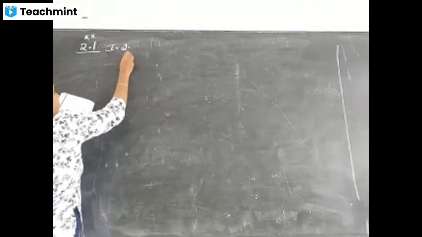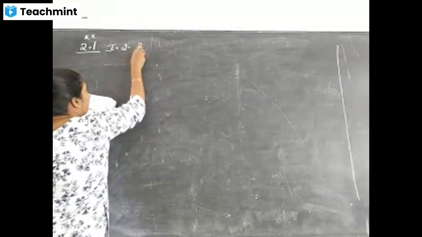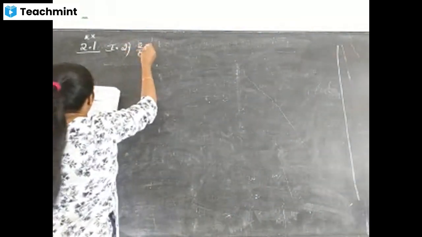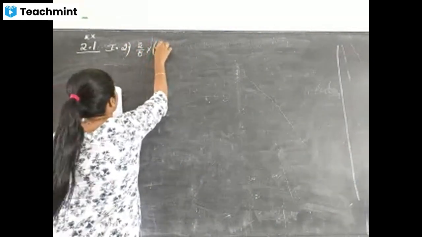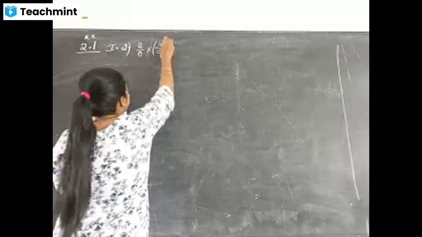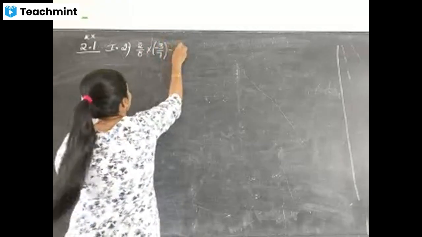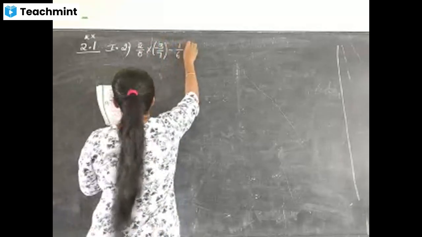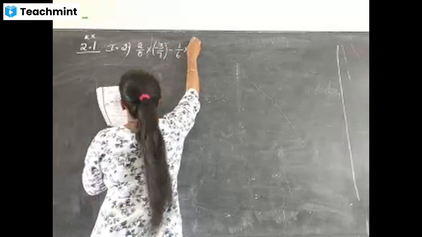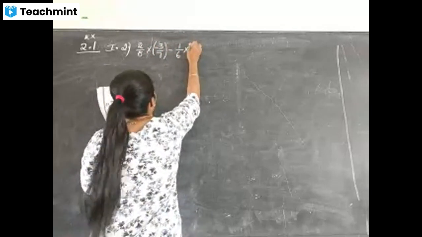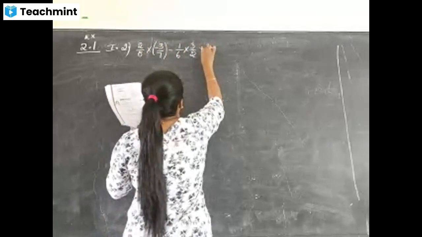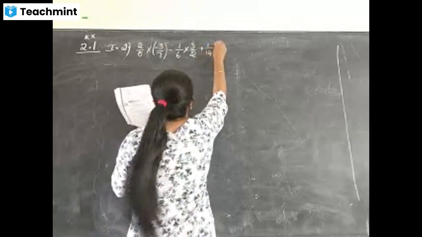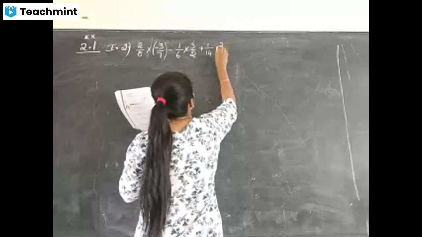The question is: 2 by 5 into minus 3 by 7, minus 1 by 6 into 3 by 2, plus 1 by 14 into 2 by 5.